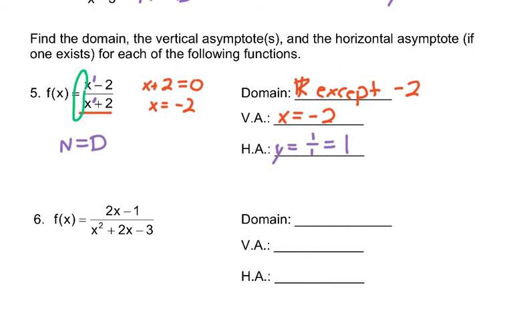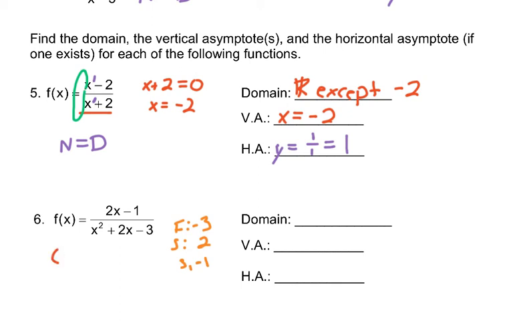On 6, we need to factor our denominator first. So we would use a factor sum. We'd be looking for factors of -3 that have a sum of +2. Two numbers that multiply to -3 and add to +2 would be +3 and -1.